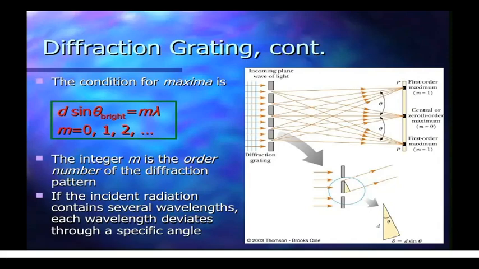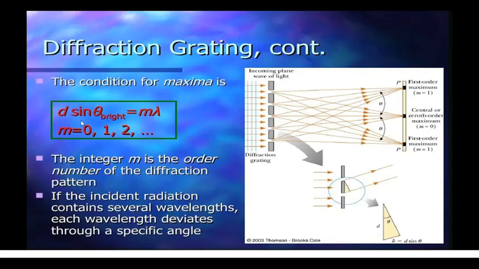The order of the pattern is given by an integer, small m. For the central maximum we substitute m as 0. For first order we substitute 1, and for second order it is 2. Now what is theta? Theta, as we already discussed, is the angle between the diffracted light rays.